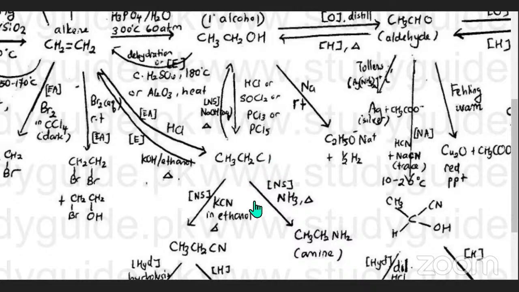So you've got KCN and ethanol, so all sorts of stuff is happening. This specific reaction, a halogenoalkane turning back into an alkene: if you use sodium hydroxide or KOH in ethanol, this is what would happen. An elimination reaction would happen. The halogenoalkane would turn back into an alkene.